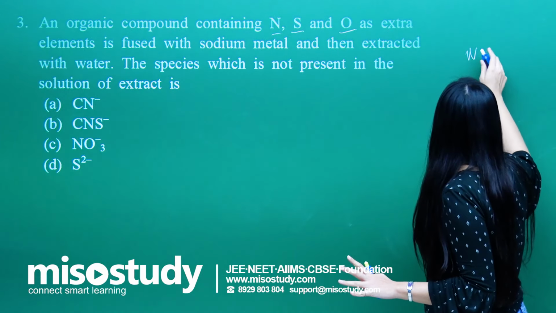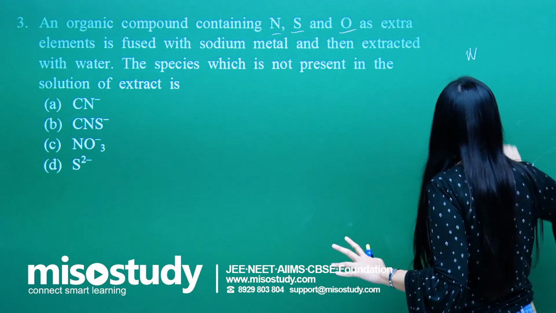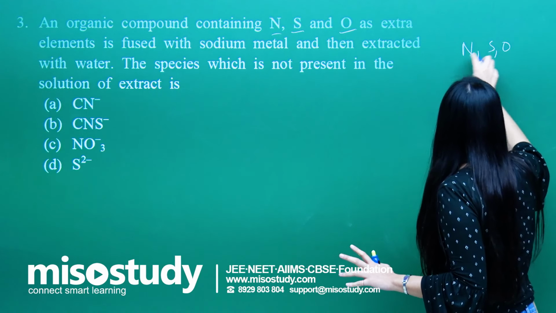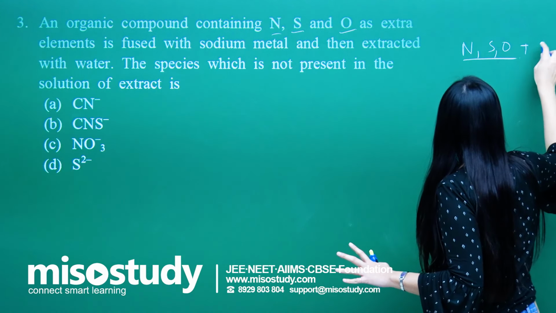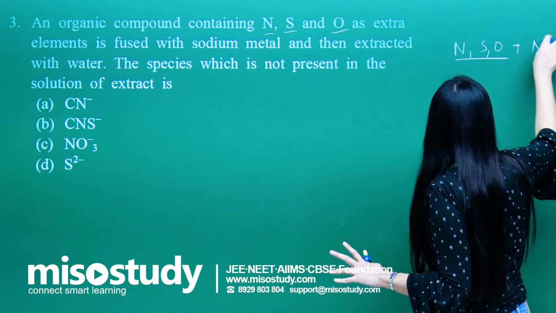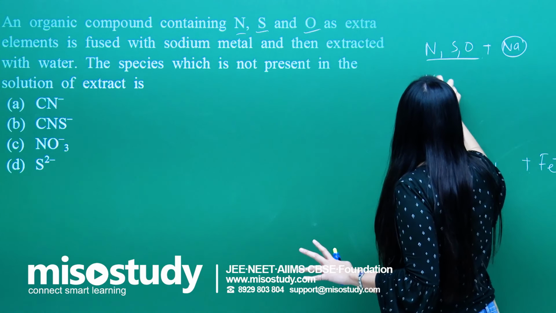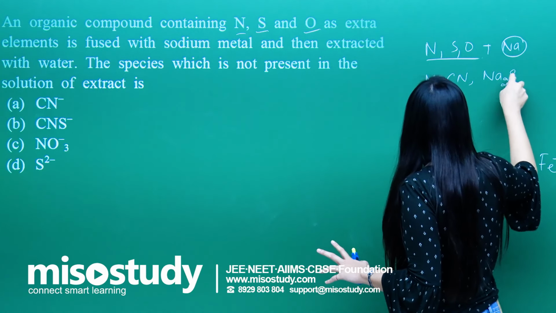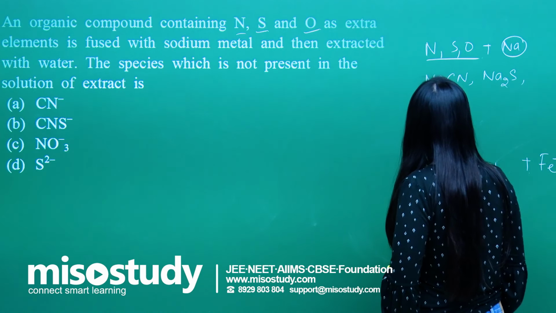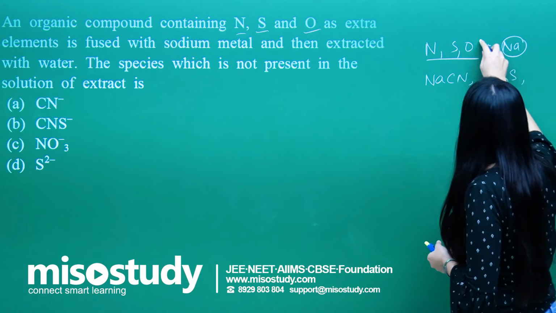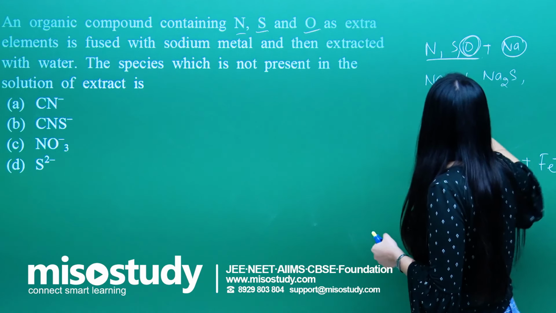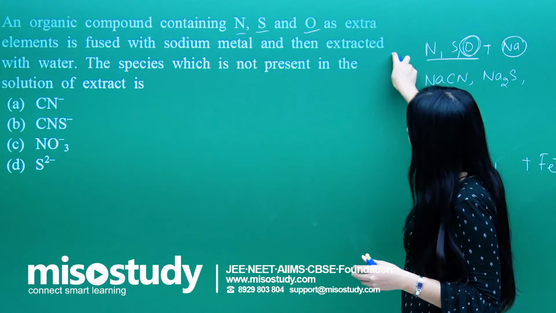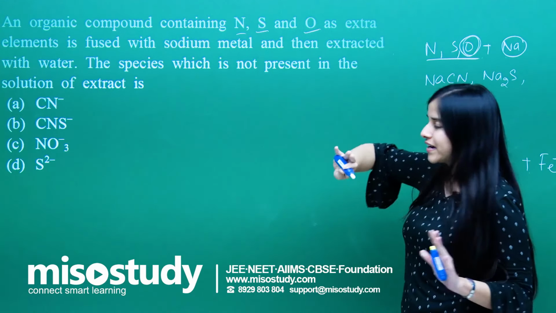So, I have got nitrogen, I have got sulfur, I have got oxygen, fused it with Na, what all do we get? NaCN, Na2S, right? We all know what all are the formations, and for oxygen there is no such kind of interaction with the sodium. So, then these are extracted with the water.